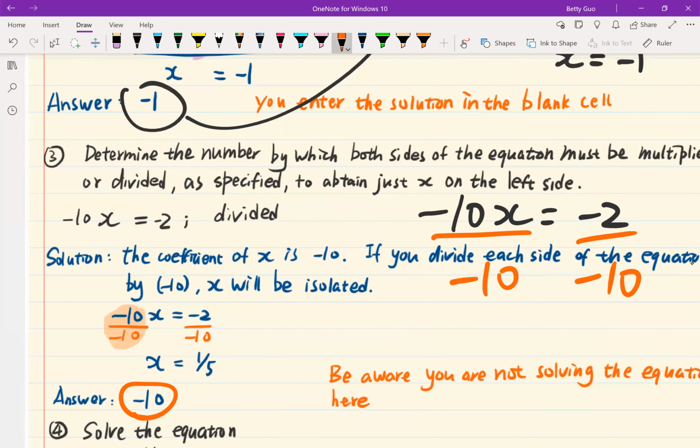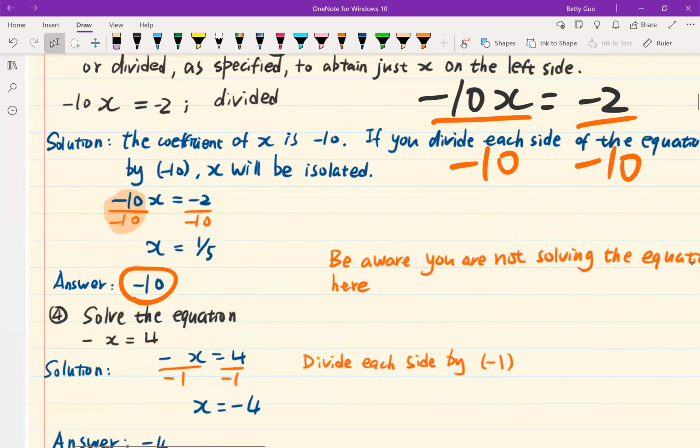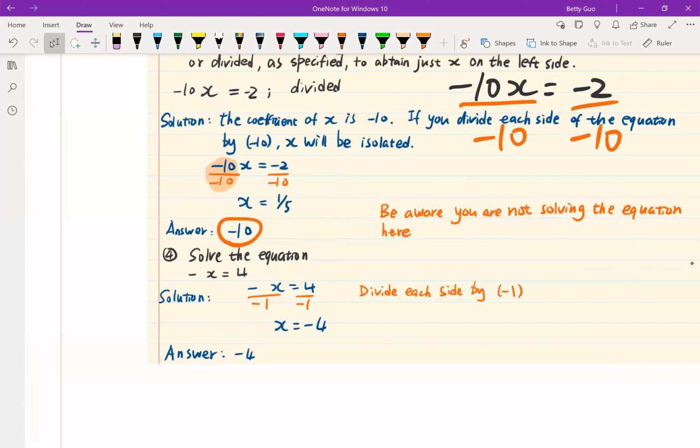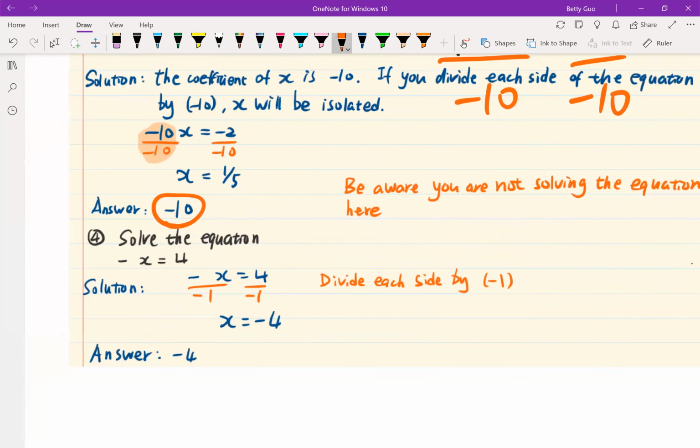You don't have to solve. So read the problem carefully. You only need to find the value that you need to divide by in order to isolate x. So I have here, be aware you are not solving the equation, only identify the number.